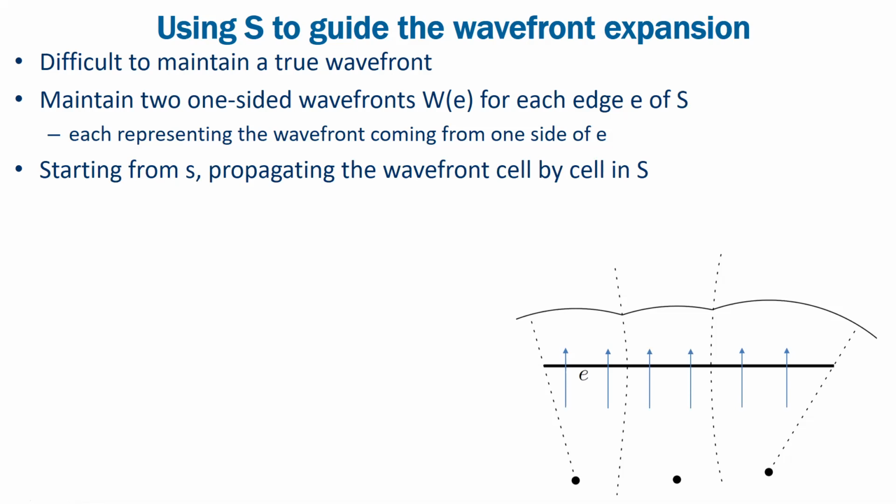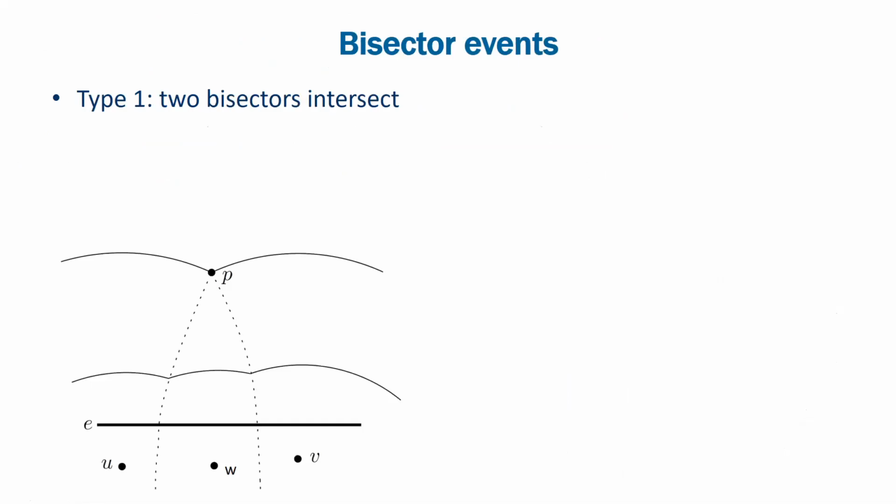During the propagation, we need to process the so-called bisector events. There are two types of bisector events. The first type is here: we have 3 generators and 2 bisectors, and the 2 bisectors intersect at P. Before P we have 3 generators, but beyond P, the middle generator will be removed.